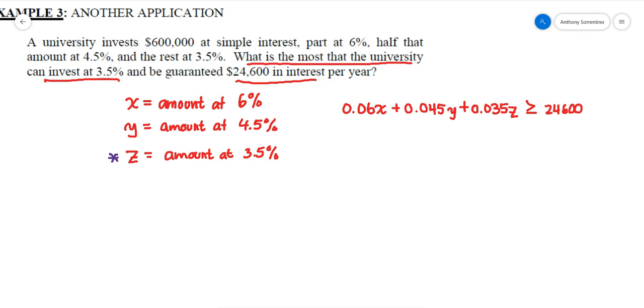So I know that the amount at 4.5% is half the amount at 6%. Because that's what it says. It says part of it's at 6%, half that amount at 4.5. So I know that y equals 1/2 x.